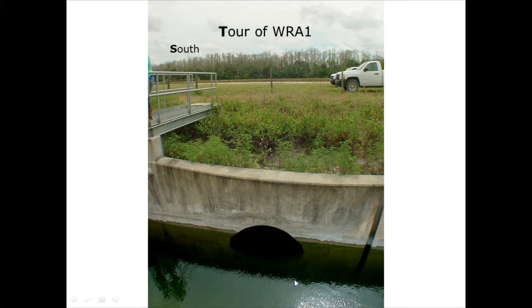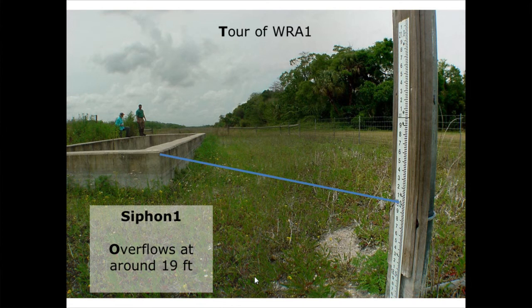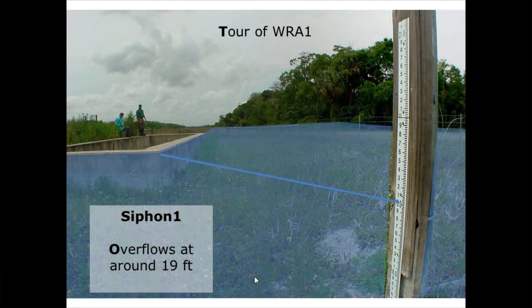So the siphon, water has to overflow this wall and then go through the siphon underneath the West Weir and into the outfall out of the trench into the natural area. And this would occur at 19 feet above sea level. So water really has to rise up high.